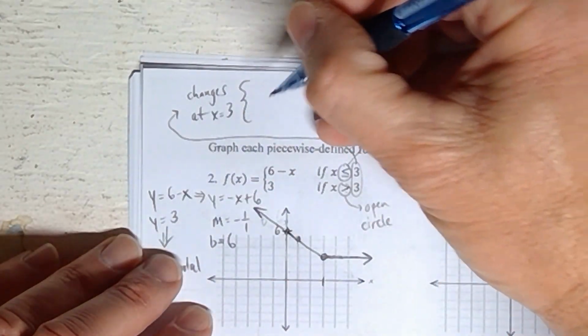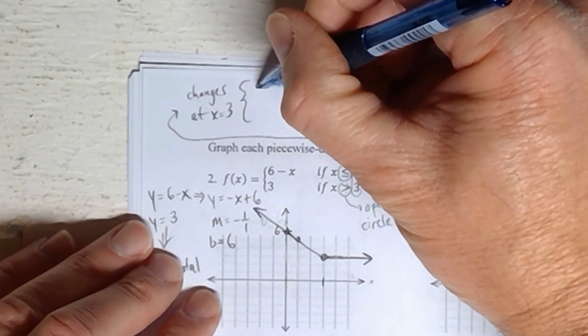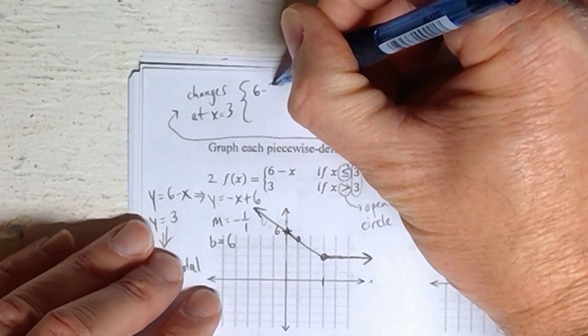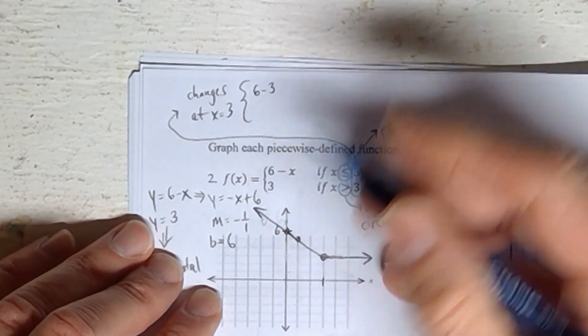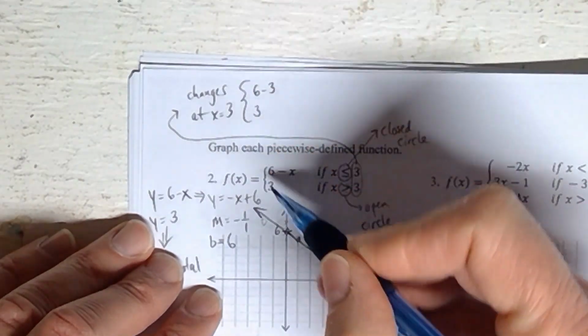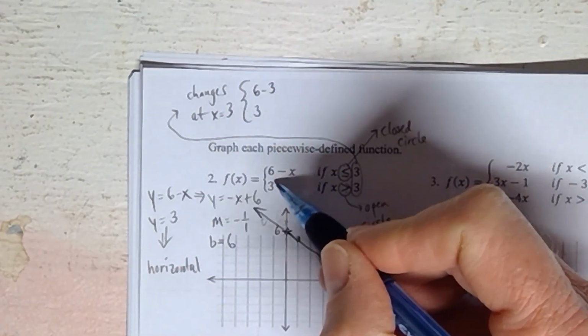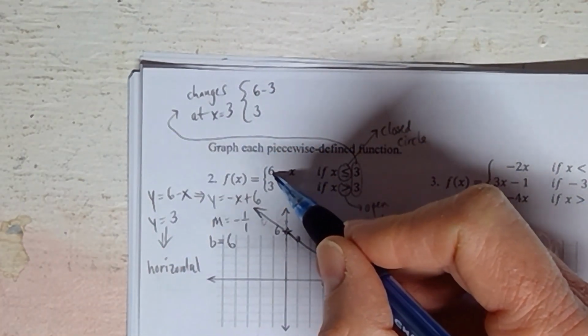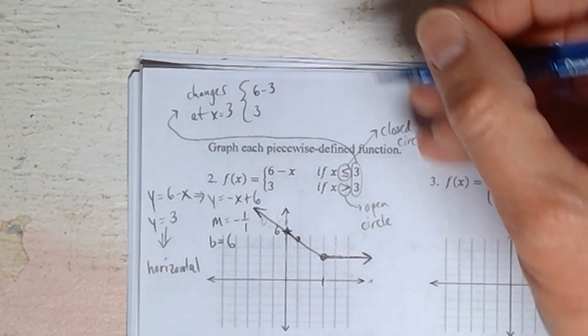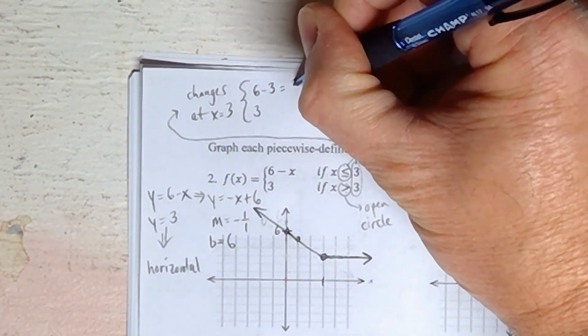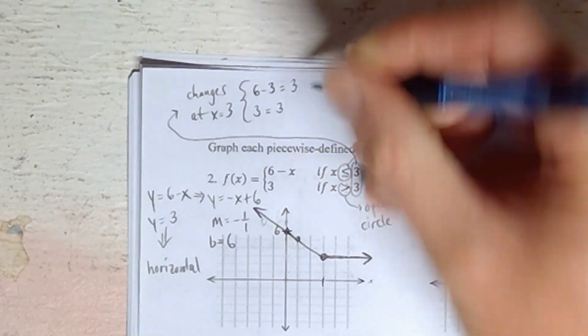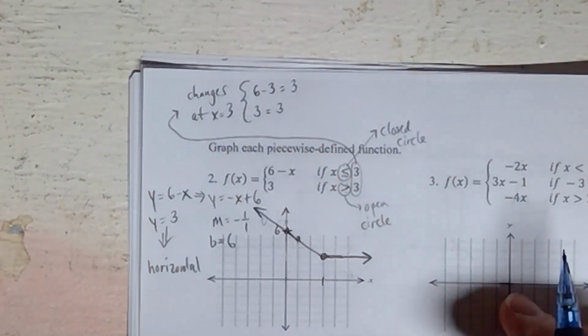So it changes there, and so if we plug in 3 into both of these, and there's no place to plug it in here, but you at least try to. If there's no variable, then you just keep it as 3, but here it would be 6 minus 3. Notice that both of these answers, though, are equal to 3. Okay, 3 is equal to 3, and 6 minus 3 is equal to 3.